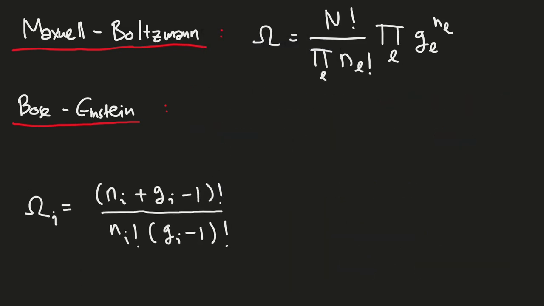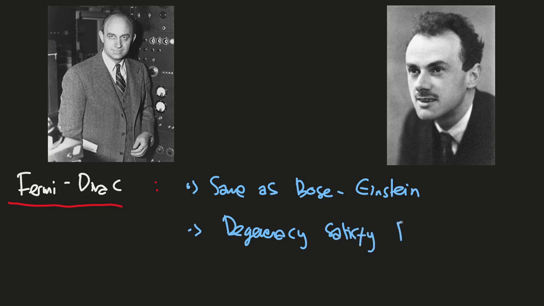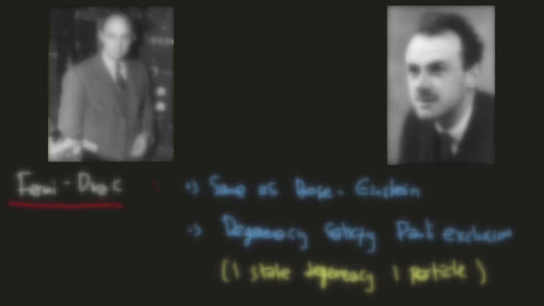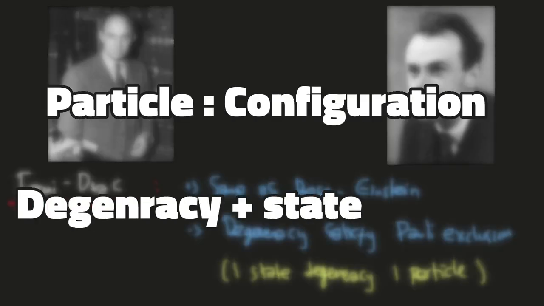And the last one here is Fermi-Dirac. This distribution has these properties. First, same as Bose-Einstein, we can neglect any order concern, but second, degeneracy satisfies Pauli exclusion, which means that one state is restricted to one particle. So here, we treat the particle as a vessel and the state or degeneracy itself as the particle.